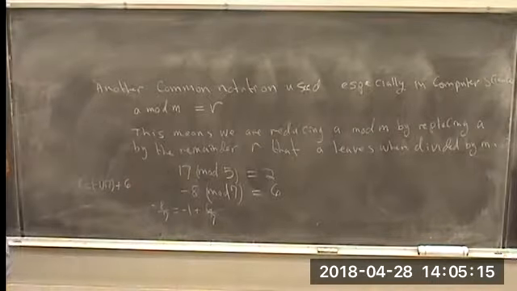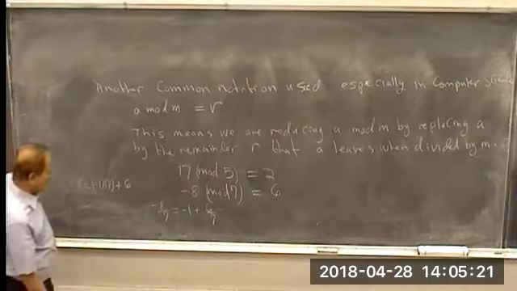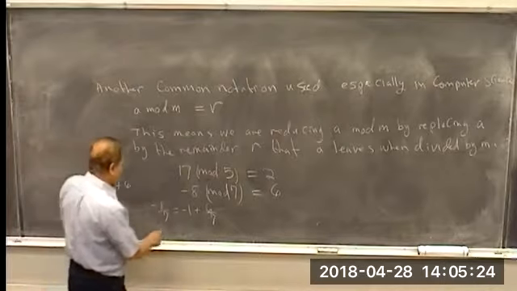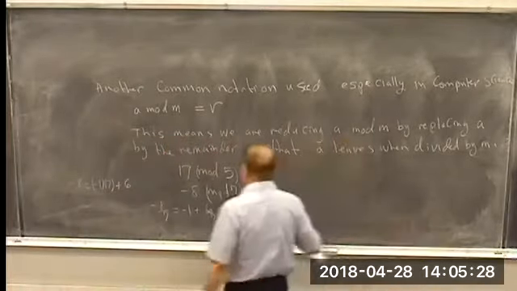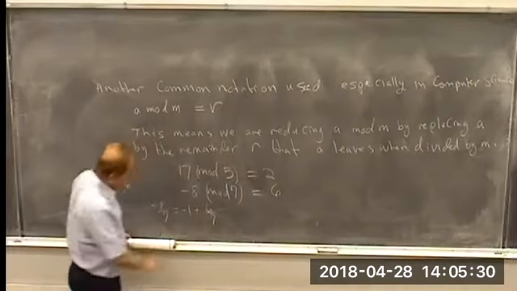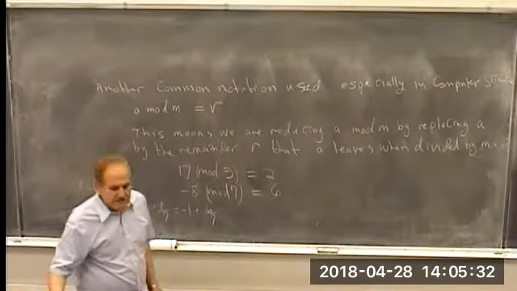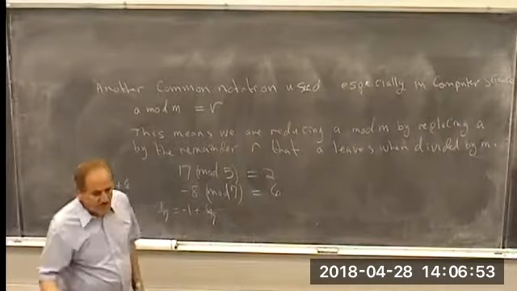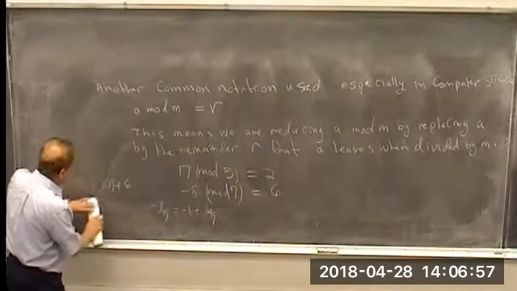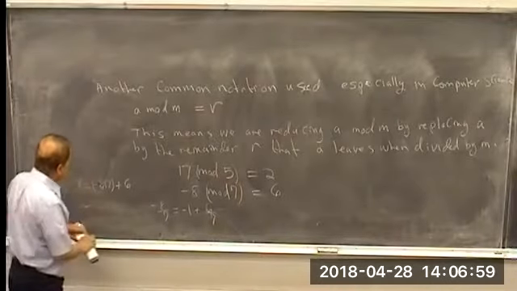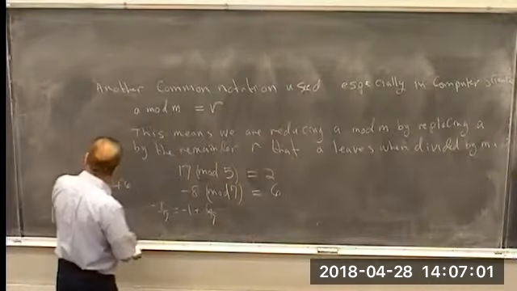Well, that's an incorrect statement. So let's see here. Probably we need minus 1/7. Actually, I need the 2 here, right? We need a negative 2, that's negative 14, plus 6 is equal to negative 8.